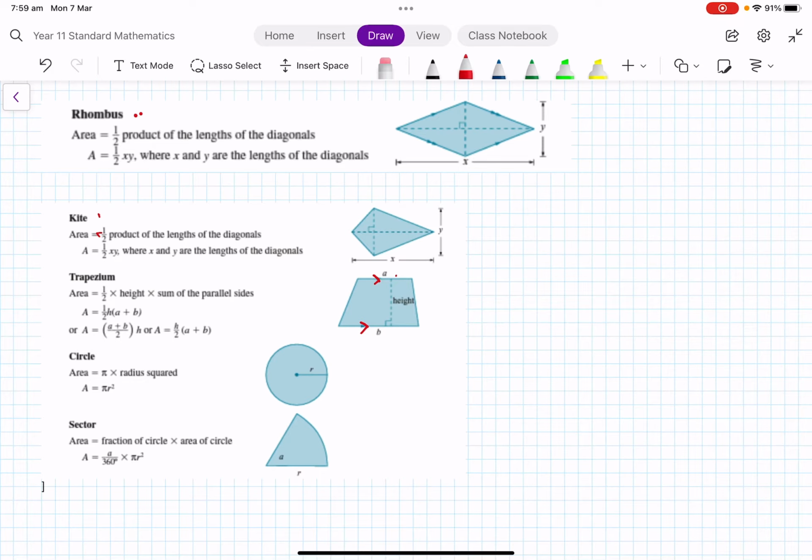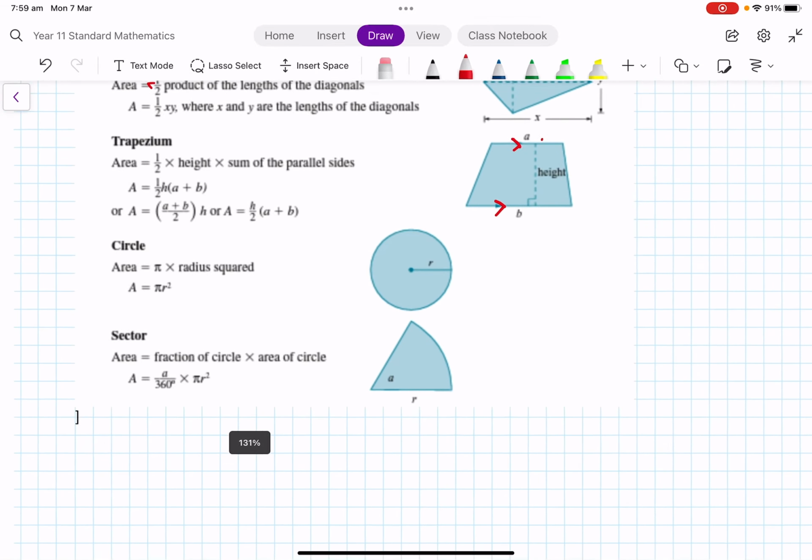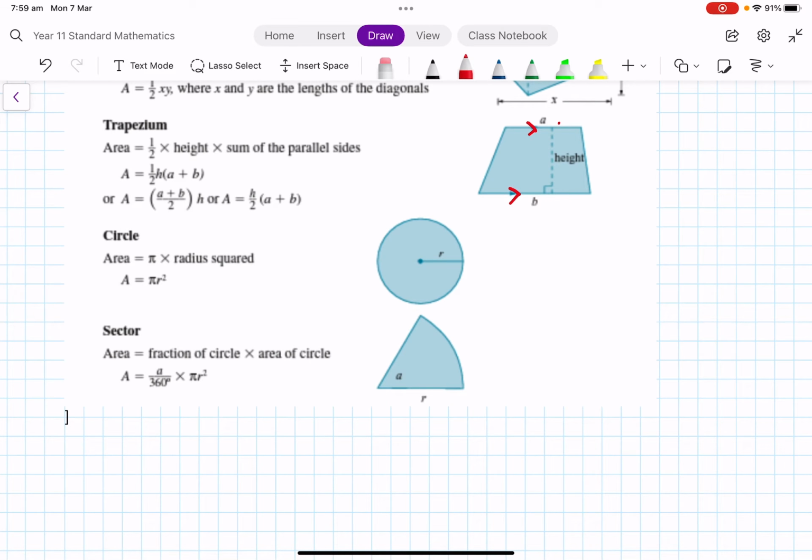Pi r squared for a circle, and then the last one I want to focus on, the sector, which is like a piece of pie. It's A over 360 degrees times pi r squared, where A is the angle inside. So pi r squared is a full circle. The A over 360 gives you the proportion of the circle.